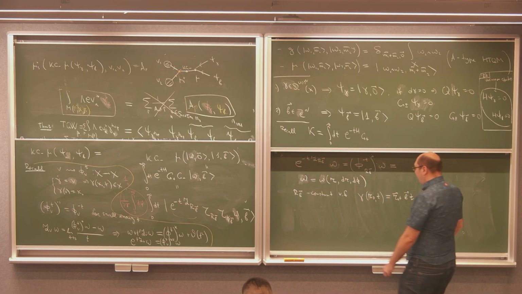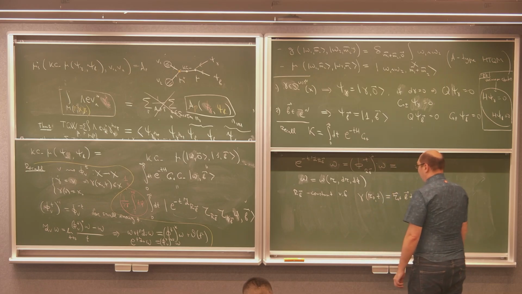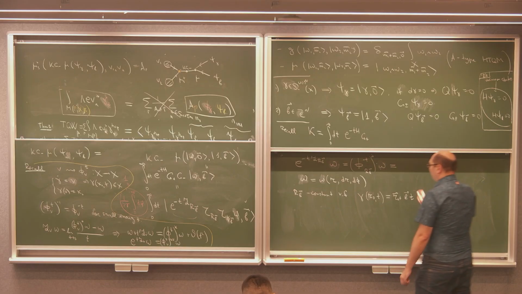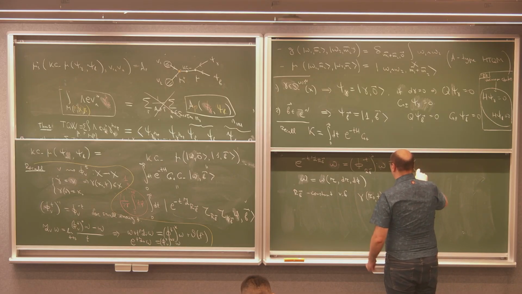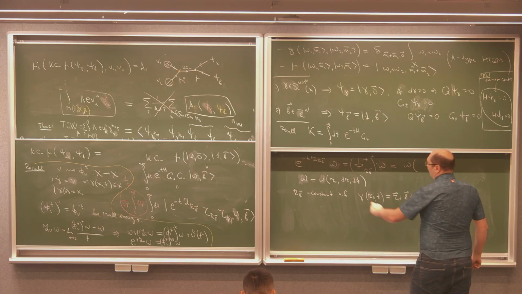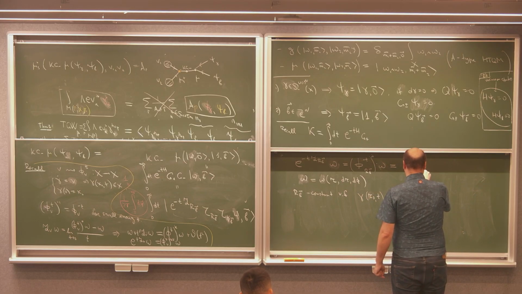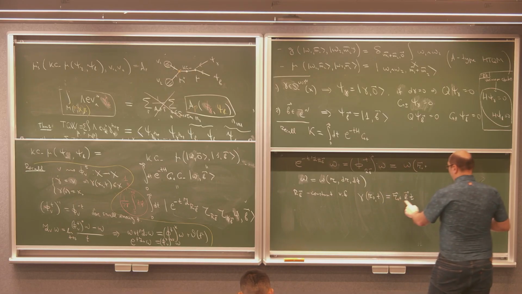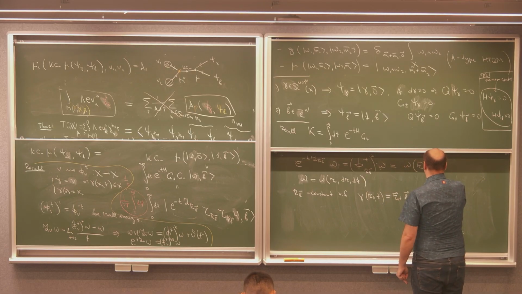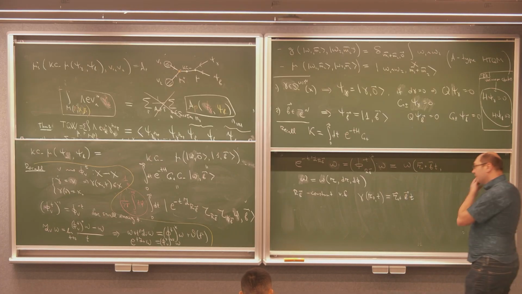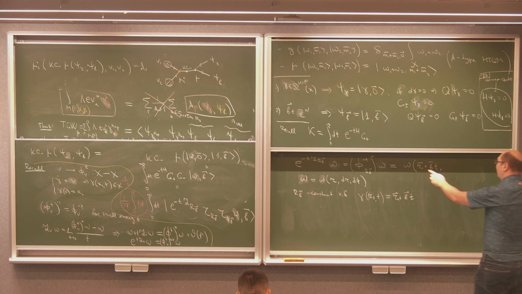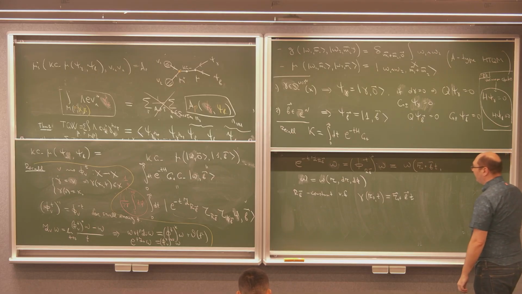And then how do we evaluate the pullback? To evaluate the pullback, we do the following. For the radial dependence, we substitute an integral curve of the vector field, R0 plus vt.